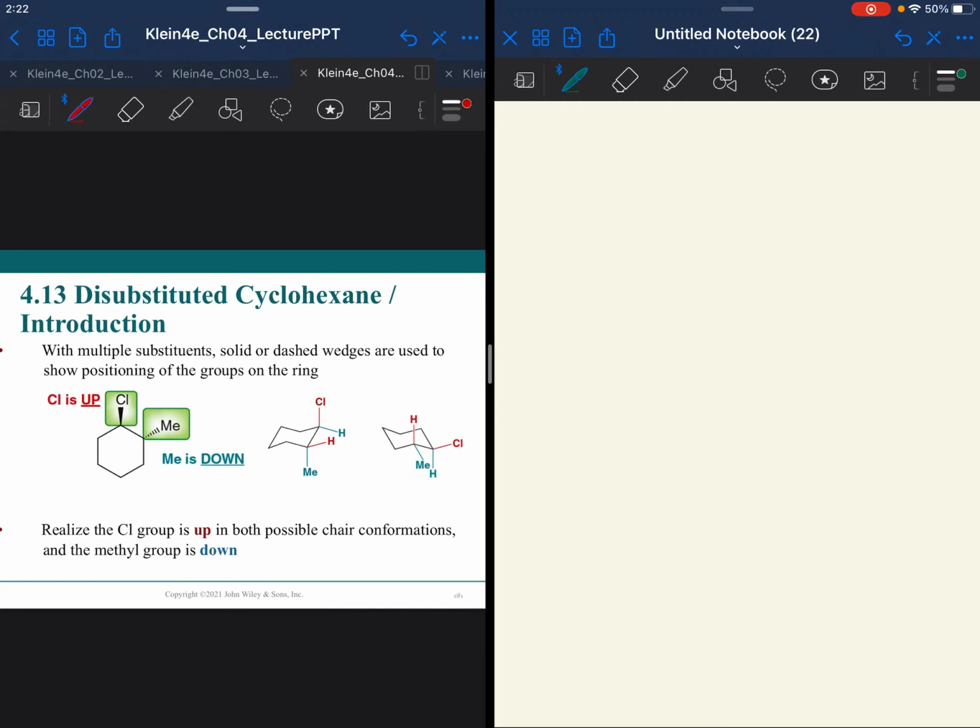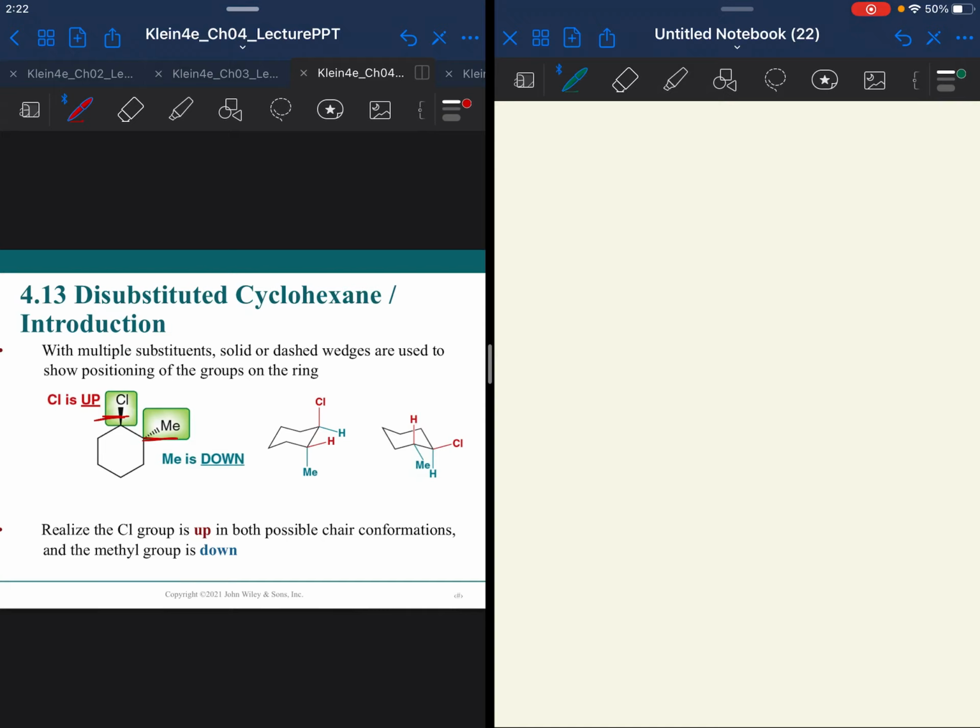So if you just always choose wedges are up, dashes are down, it doesn't have to be that way. You could flip it the other way, but you have to know that one is up, one is down, and be consistent. What that is going to let you know is, can they both be equatorial, or is one equatorial and I have to make a size distinction?